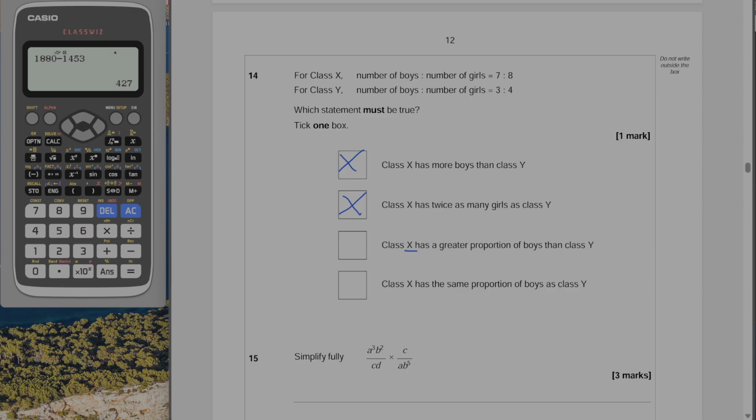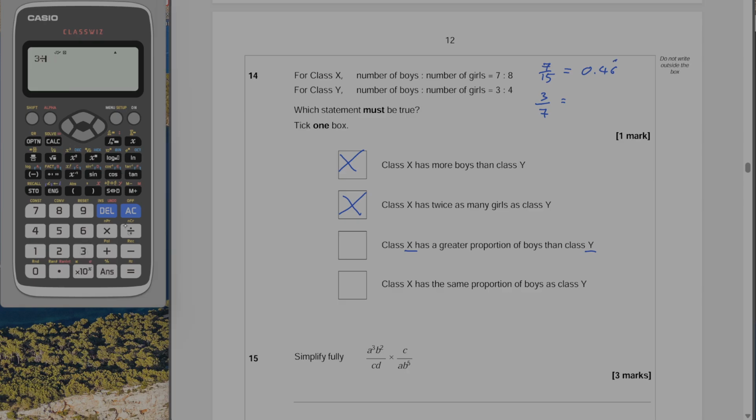Class X has a greater proportion of boys than class Y. So the proportion of boys is 7/15 here. The proportion of boys here is going to be 3 out of 7. So 7 divided by 15 is equal to, as a decimal, 0.46 recurring.